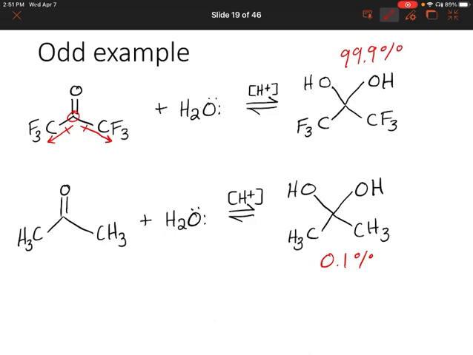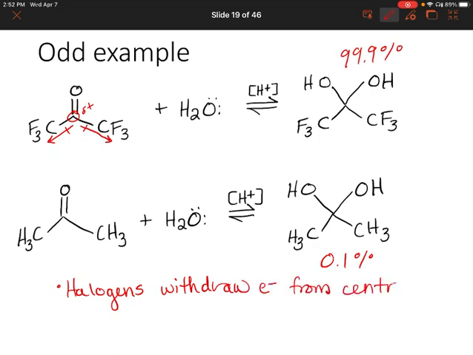And that central carbon was already partially positively charged, but if we're drawing electron density away from it towards fluorine, then it's going to become even more positively charged and more electrophilic. So the halogens withdraw electrons from the central carbon, making it more electrophilic.